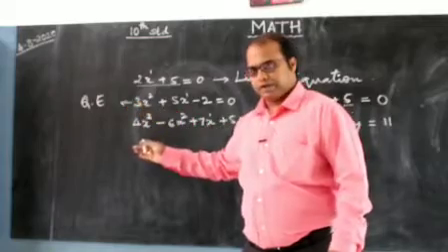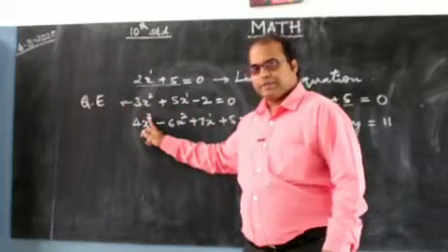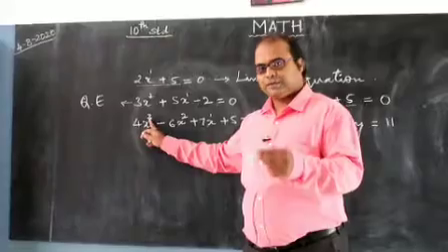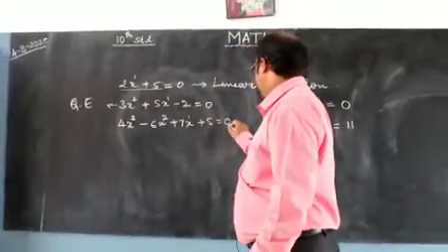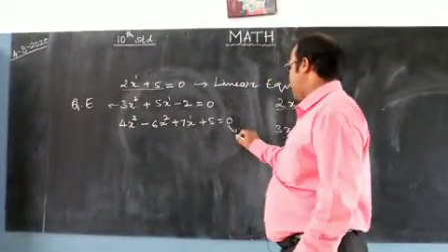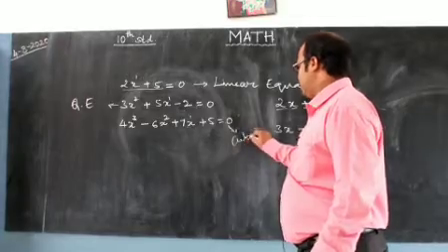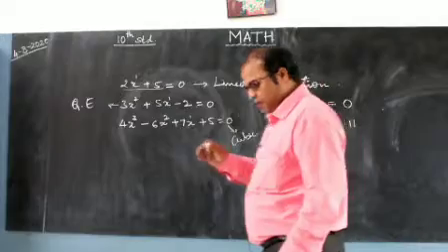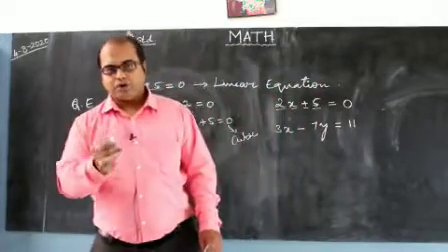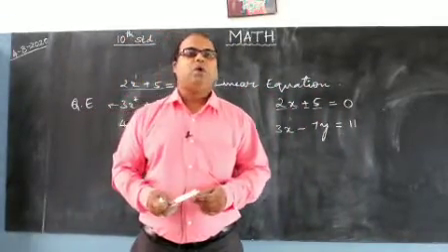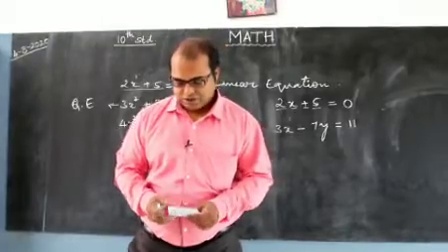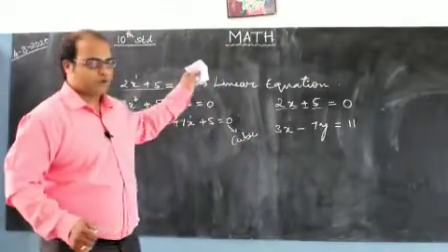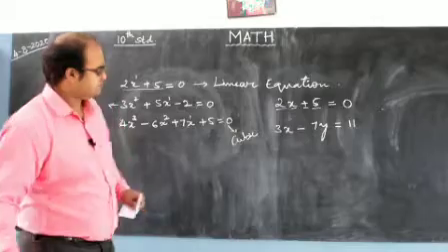Coming to the third one, you can find the degree, that is the highest power, as 3. Therefore, we call such type of equations as cubic equations. Understood? In the same way, if the highest power is 4, we call it as biquadratic equations. So these are the different types of equations.